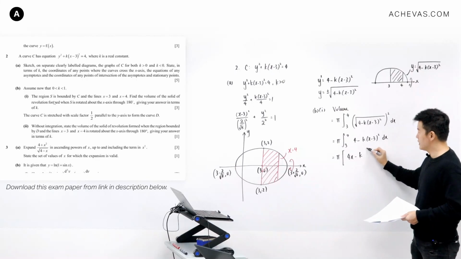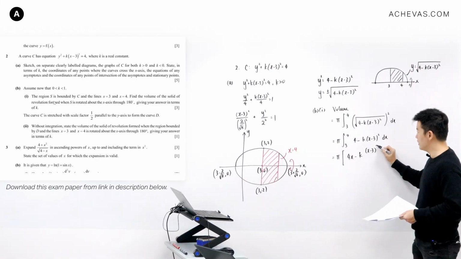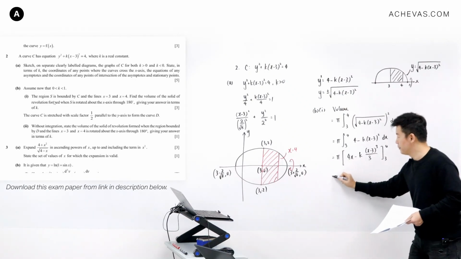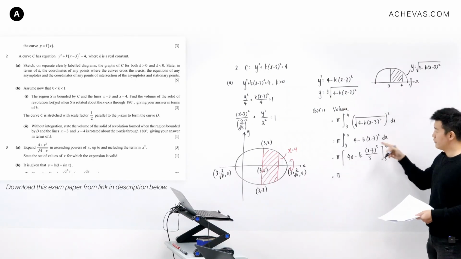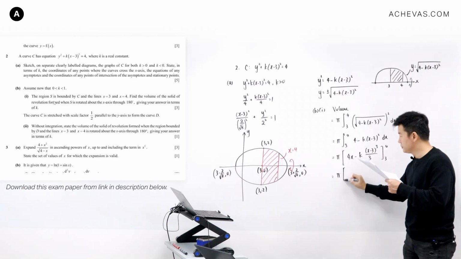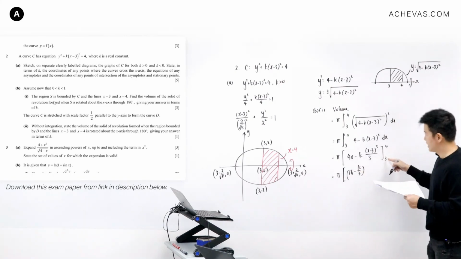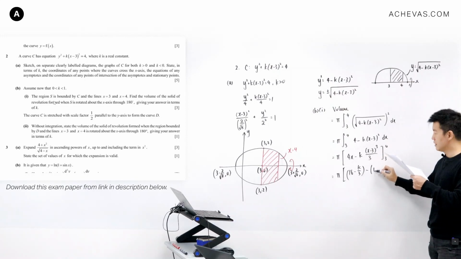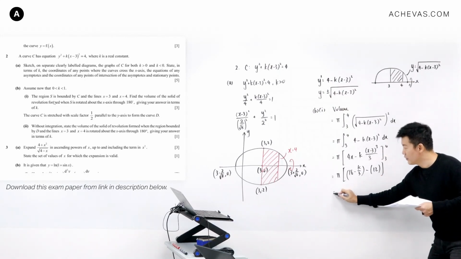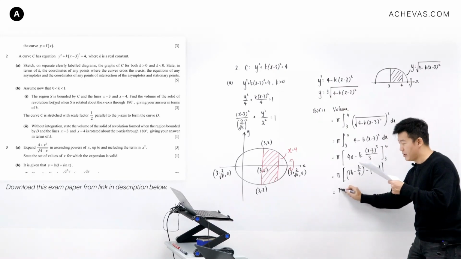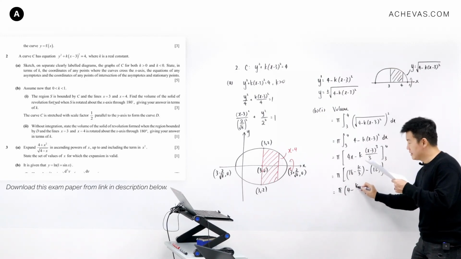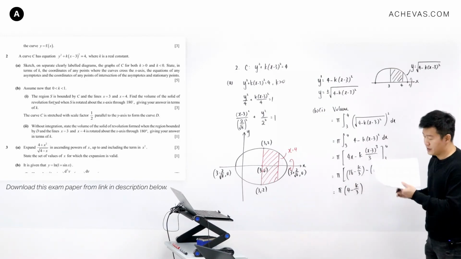And integrating this gives me k x minus 3 cubed divided by 3, from 3 to 4. Substituting 4 in, we'll be getting 16 minus k over 3. Substituting 3 in, we'll be getting 12. So my answer for this is going to be equal to pi of 4 minus k over 3.